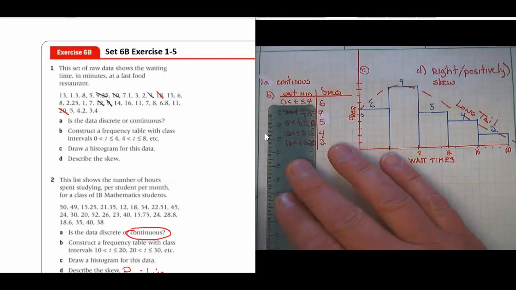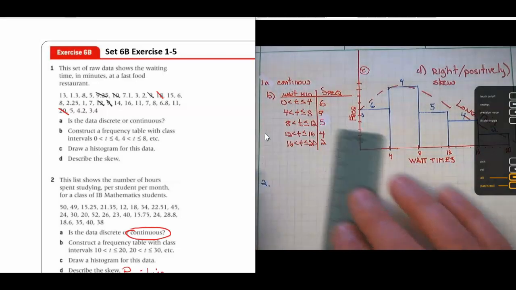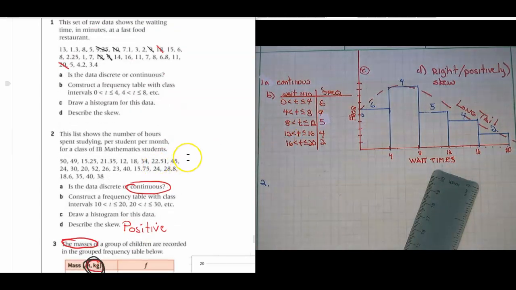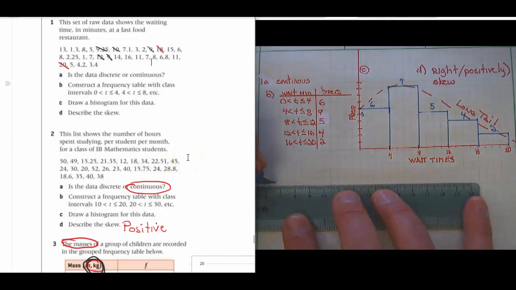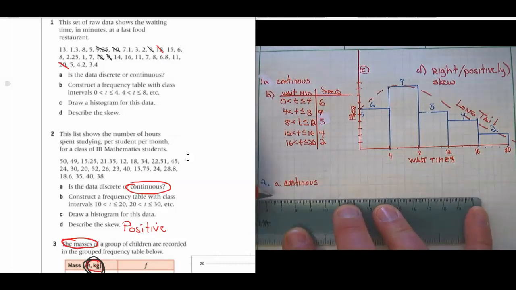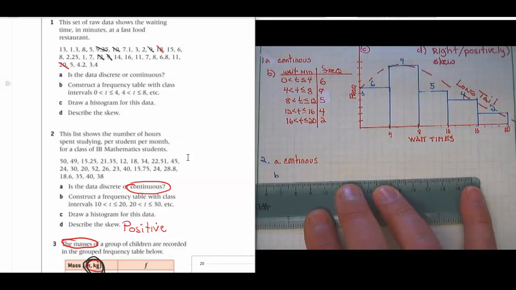Okay, now the second one here. All right, where it's identifying the number of hours studied. So time again, that means it's continuous. Okay, and then we got to do a frequency chart, 10, 20, 30, and it looks like the biggest number in here is 50.